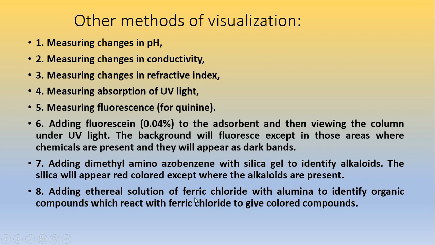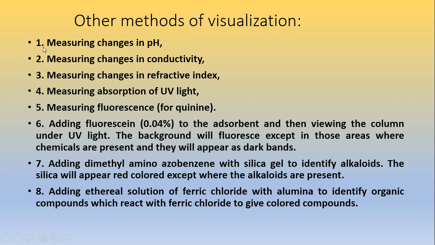Adding ethereal solution of ferric chloride with alumina to identify organic compounds which react with ferric chloride to give colored compounds. So here physical and chemical methods are both combined in a single list.